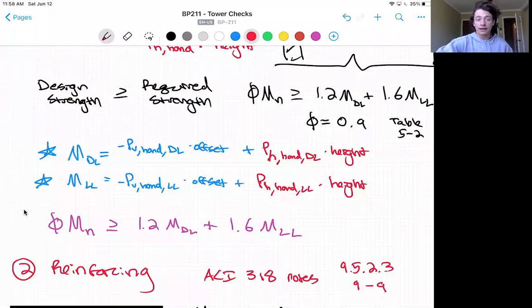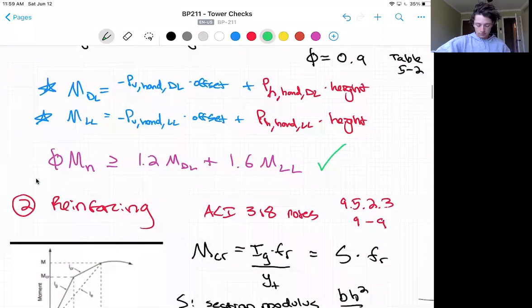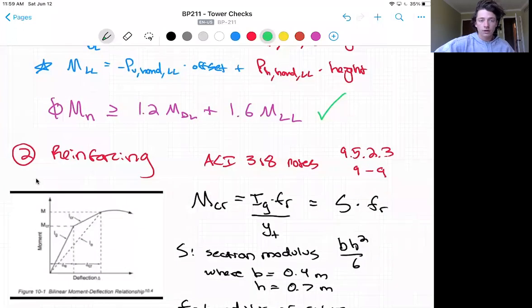Next, after we've calculated and checked moment capacity from a strength perspective, so this equation here, we also need to determine its adequacy from a serviceability perspective. As seen in the moment-deflection relationship below, the cracking moment will occur before the ultimate failure of the tower column, or that capacity we calculated.